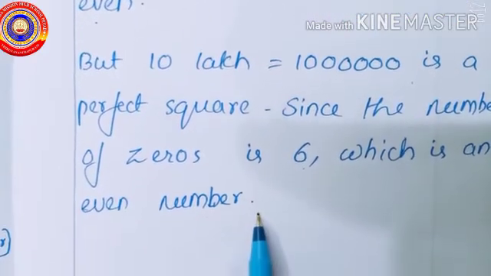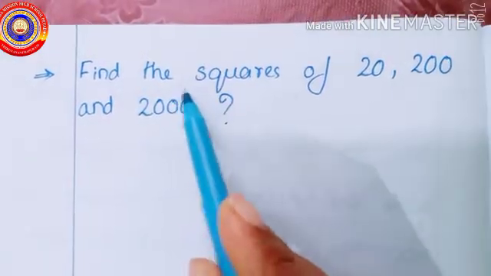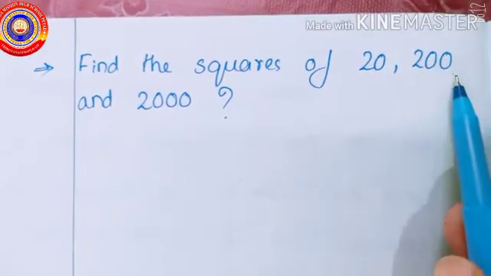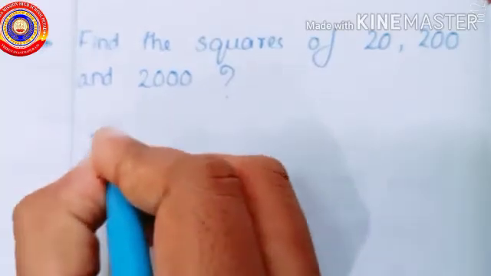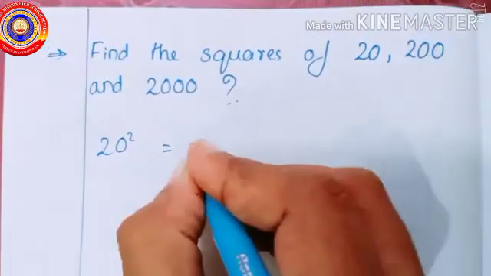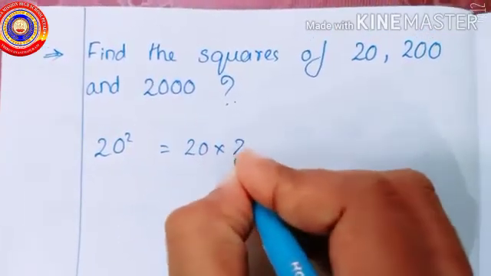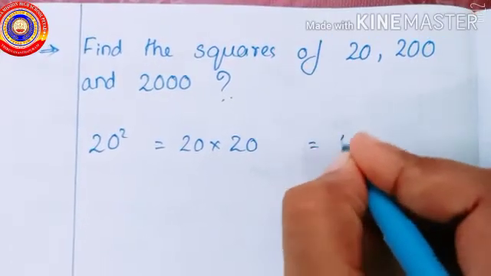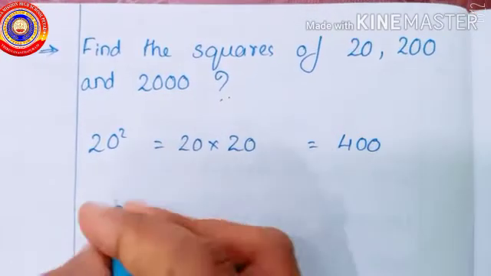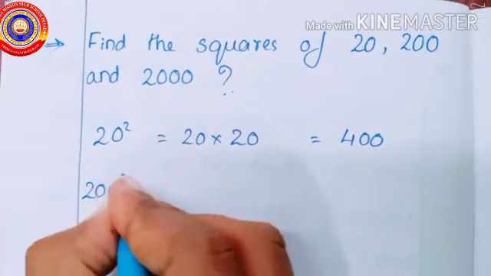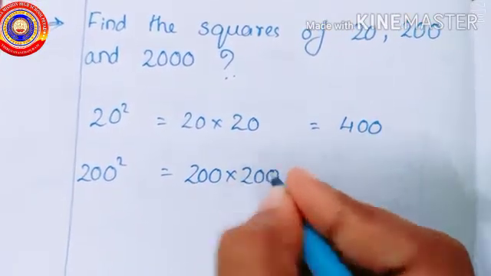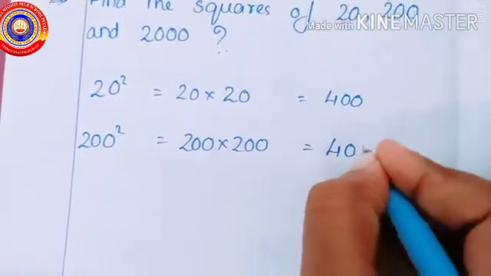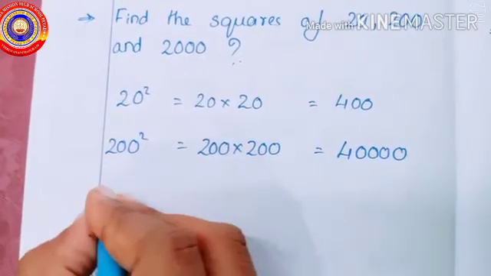Next, find the squares of 20, 200 and 2000. 20 square is equal to 20 into 20. That is equal to 400. Next is 200 square, which is equal to 200 into 200. 200 into 200 is equal to 40,000.